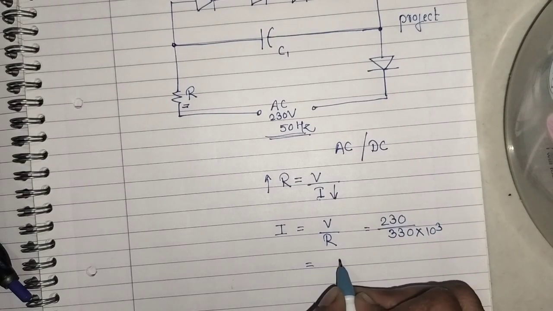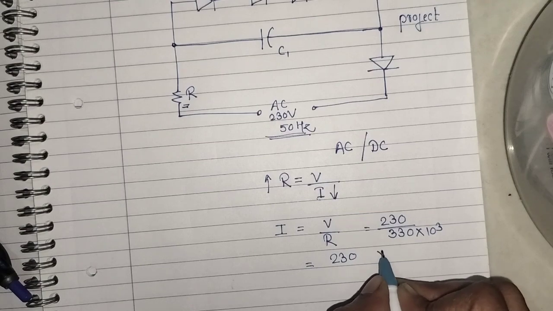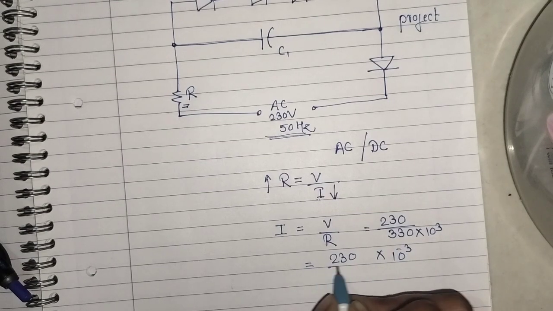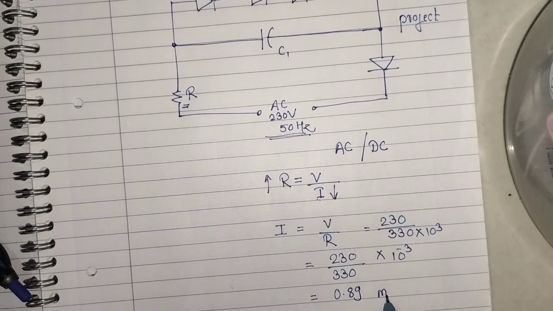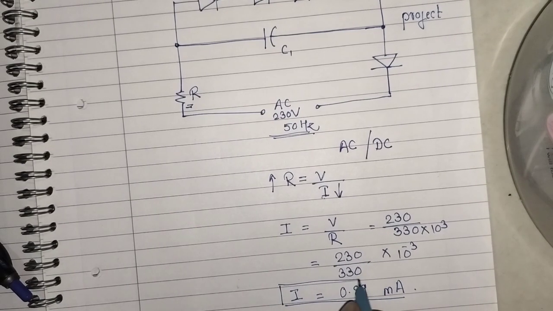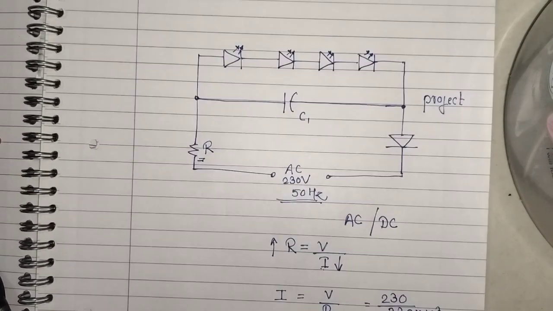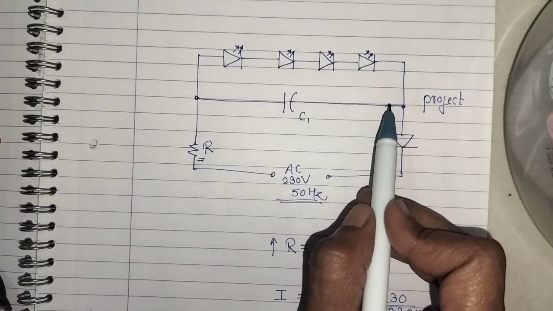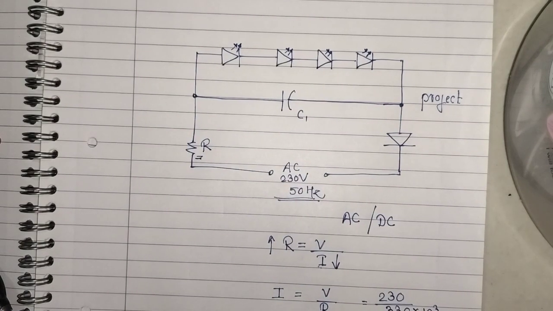That will give me 230 multiplied by 10 raised to minus 3 divided by 330, and if you roughly calculate this, you'll get a value in milliampere. So do you think on such a small current our LEDs will turn on? Okay, we will see that later.